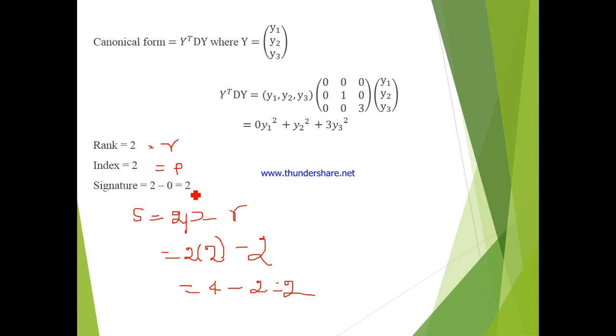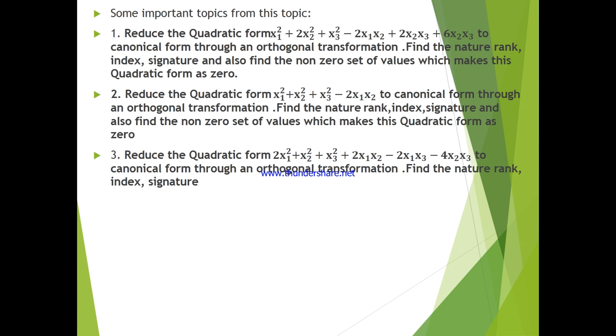So the signature is 2. The nature is positive semi-definite. If all the eigenvalues are positive, it is positive definite. If any one is 0 and the remaining are positive, it is positive semi-definite. Here the nature is positive semi-definite.